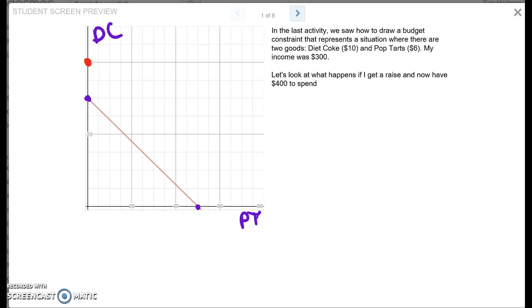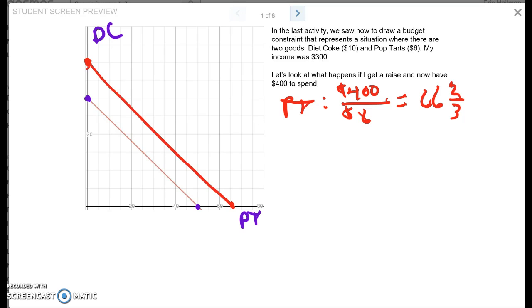If I spend all of my money on Pop-Tarts, I'm going to get $400 of income divided by $6 per box, and that turns out to be 66 2/3 cases. The scale goes by 5, so it'd be somewhere right around here. And we get a new budget constraint there at that red line.